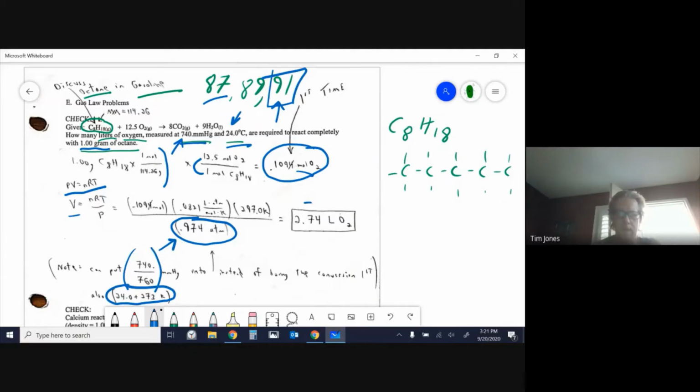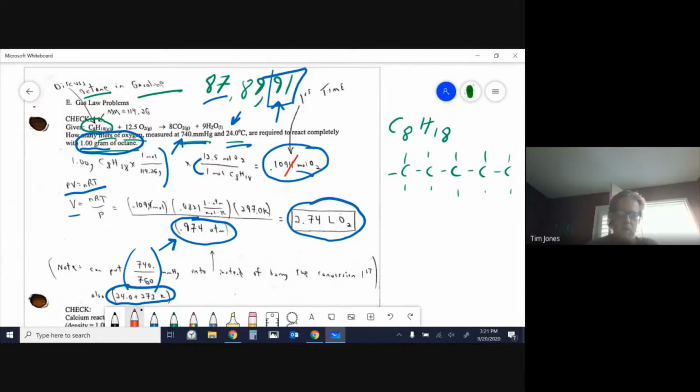And you get an answer of 2.74 liters of oxygen would be needed to perfectly react with 1 gram of the octane. Something I did in this problem, and this is the first time I believe I've done it, is this little slash right here.